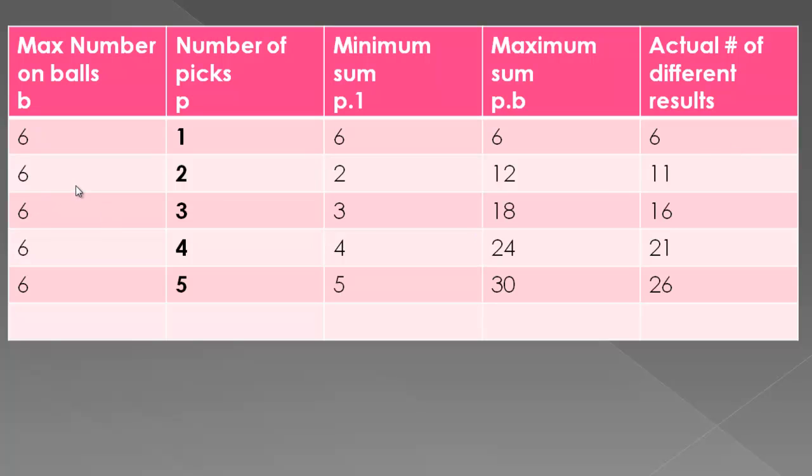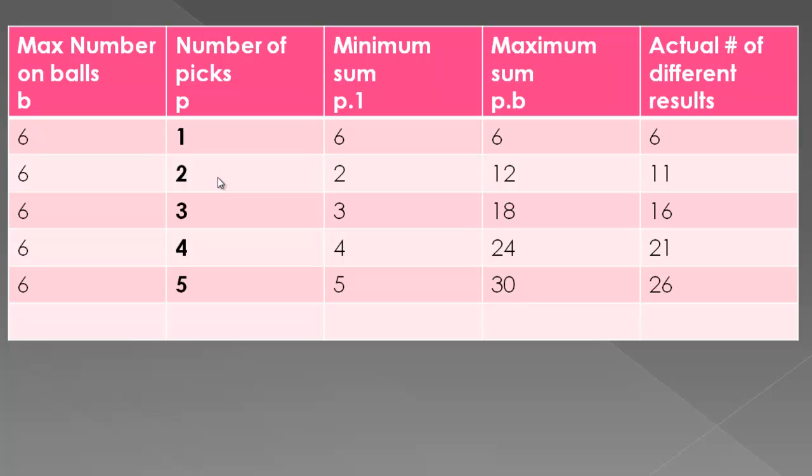Now if we pick up twice and put back, then the minimum sum is 2. If we pick up the ball with value 1 and then pick it up again, then it's a minimum sum of 2.